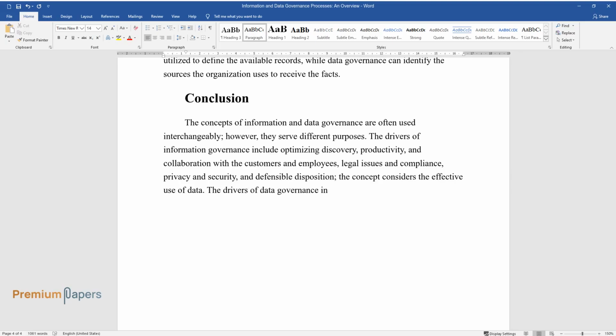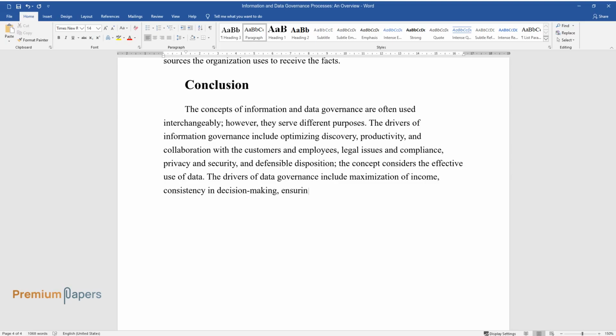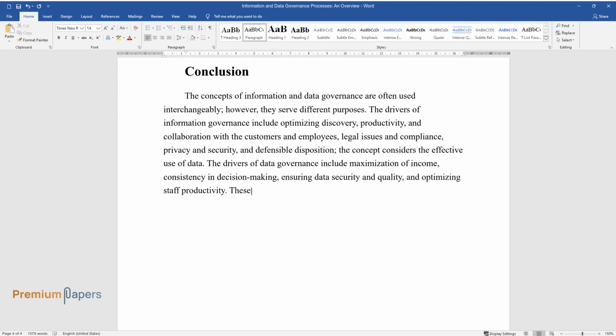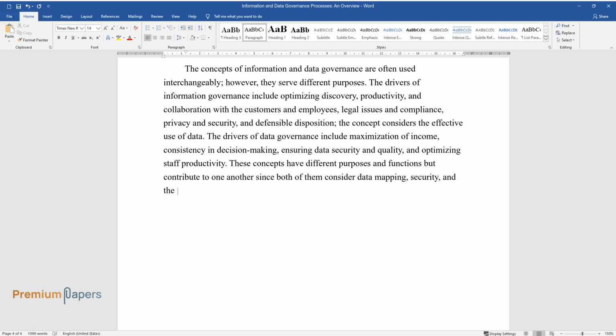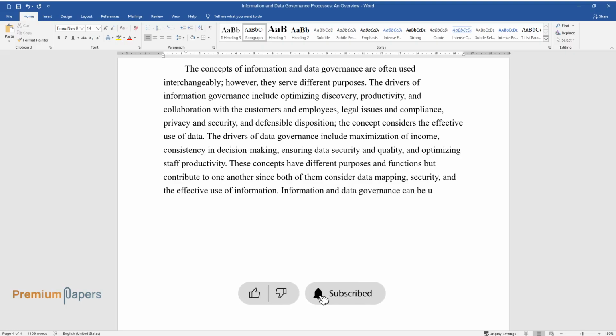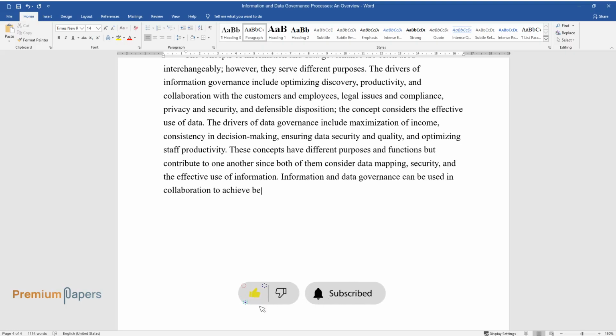The drivers of data governance include maximization of income, consistency in decision-making, ensuring data security and quality, and optimizing staff productivity. These concepts have different purposes and functions but contribute to one another since both of them consider data mapping, security, and the effective use of information. Information and data governance can be used in collaboration to achieve better results for the company's performance.